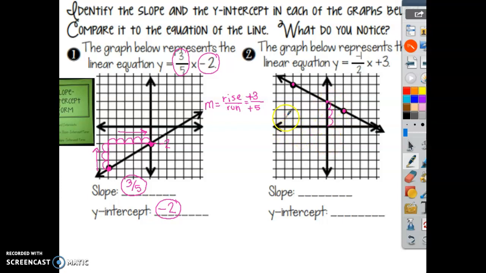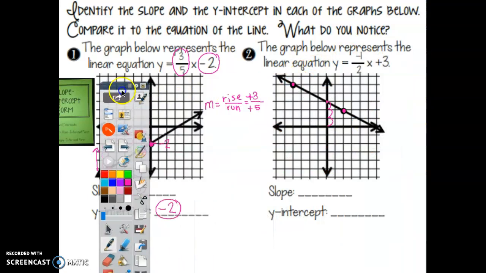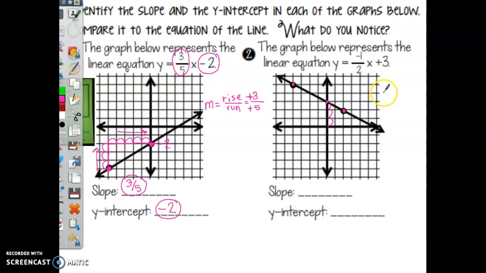Again, above, so that's going to be a positive number. So our b, or y-intercept, is a positive 3. And then our slope is going to be, again, rise over run. So our rise is 1, 2, and 3. Going up is positive 3.